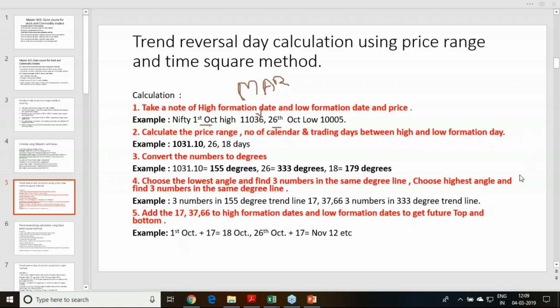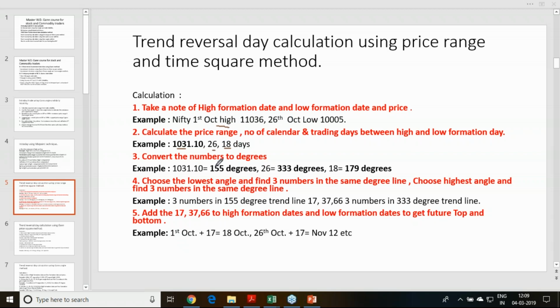In this particular example, we have taken October and we are going to project for November. In the month of October, Nifty has shown 1031 points of oscillation, with 26 calendar days between the high formation and low formation, and 18 trading days between 1st and 26th October.